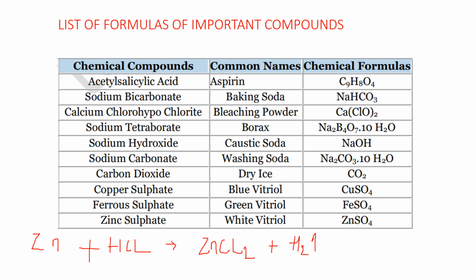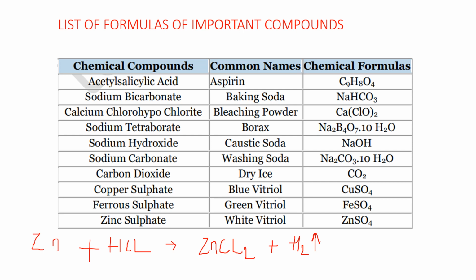When zinc reacts with hydrochloric acid, you get zinc chloride and H2 gas evolves in this reaction. For this we need to remember the formulas of some important compounds.